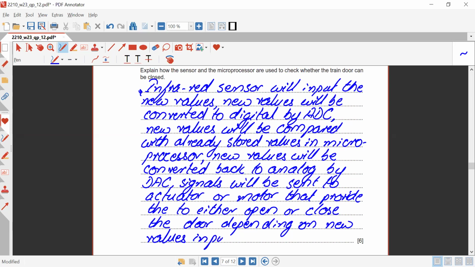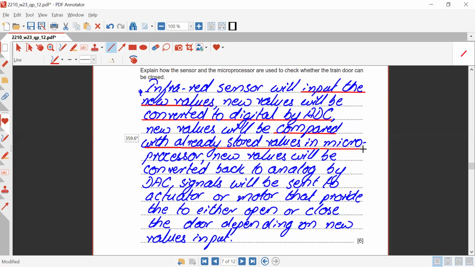So now, what are the points that you actually need to mention over here? The first point will be input of data, input new values. The other one will be converted to digital by ADC, the major point. Then you can say compared with already stored values.